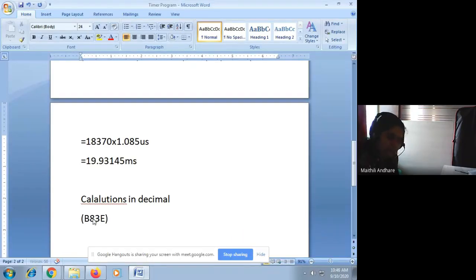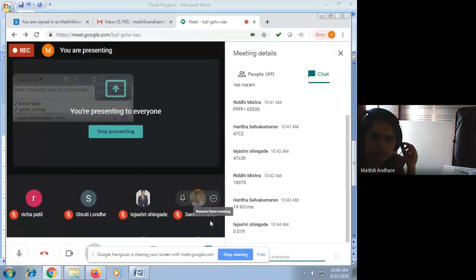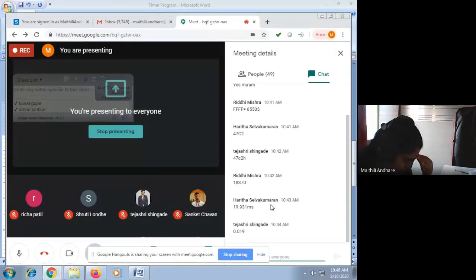So the very first step is, whatever hex value you have been provided, just calculate its corresponding decimal. Just tell me the decimal value of this hex number. So do it on the calci.